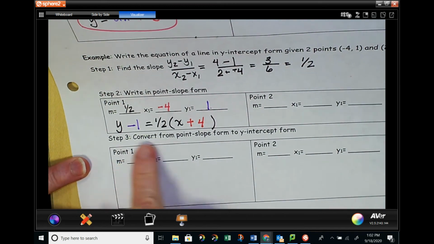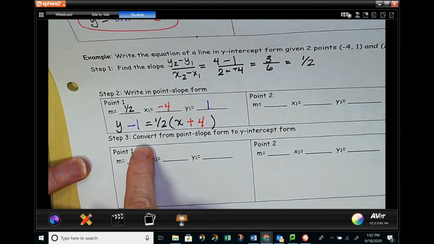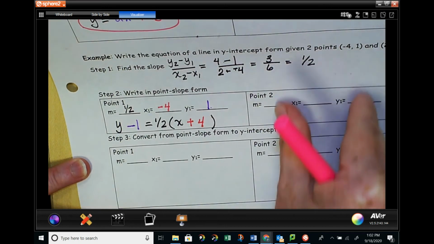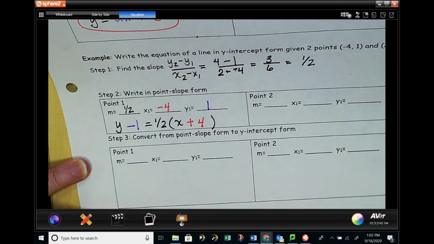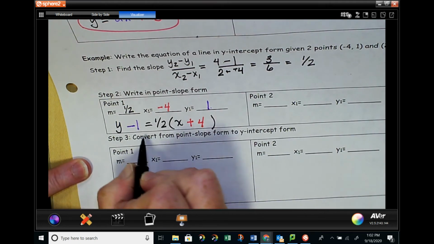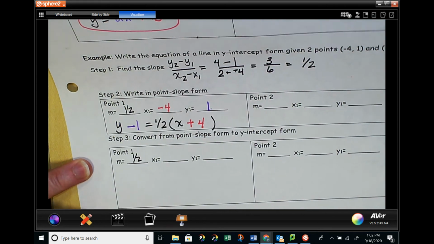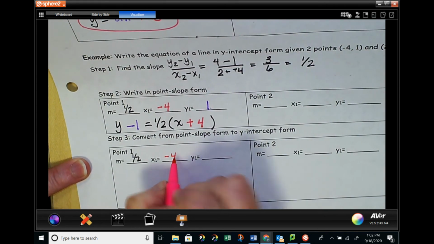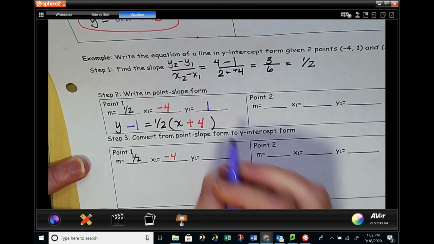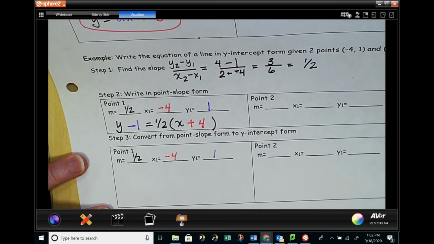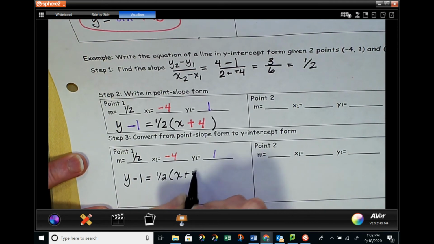And then we go through and convert this. I'm going to have you do point 2 and see what we get. So y minus 1 is equal to 1/2 x plus 4.